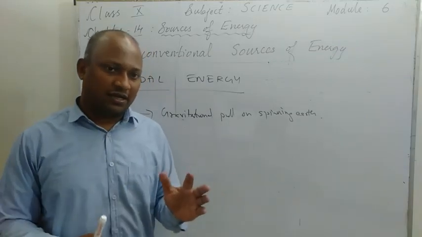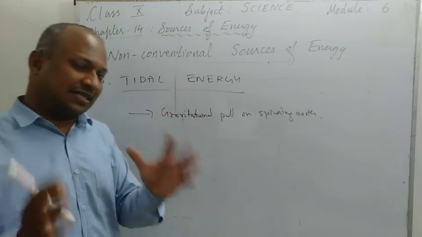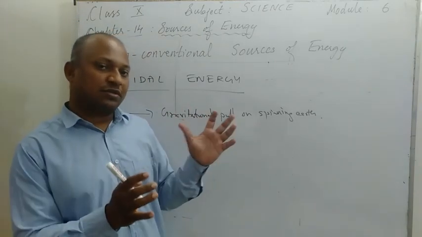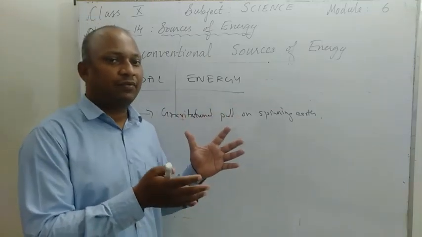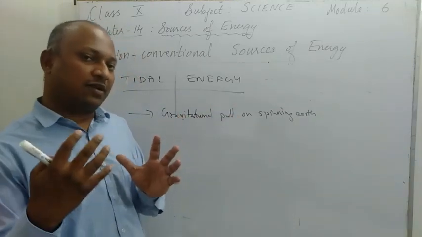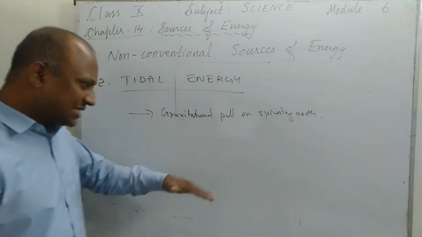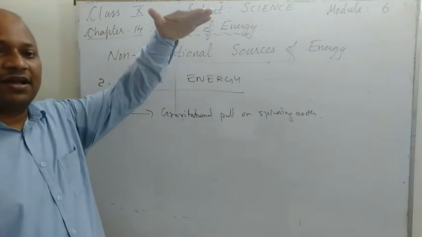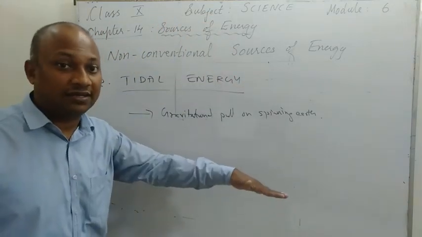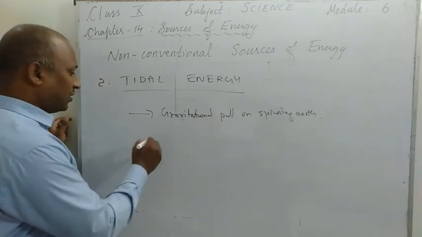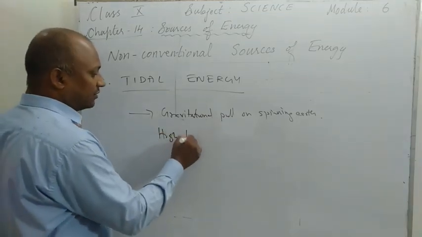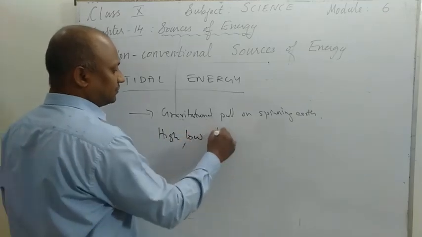When the sea is towards the moon, the water is attracted and the level of the water rises. When the sea is away from the moon, the level falls. So there is a high level and a low level in the sea at different times of the day. That is called high tide and low tide.